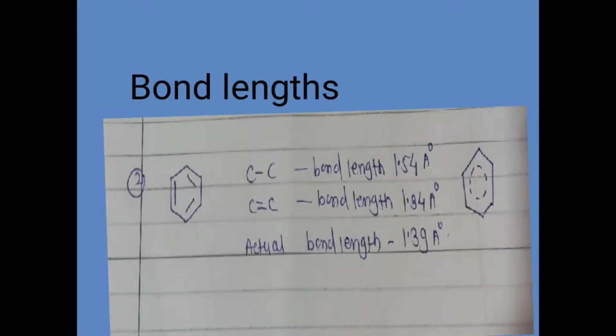But in the benzene ring, the actual bond length is 1.39. This is the average of single and double bond length. In this way, due to the presence of resonance, we can find out the bond length of that molecule.